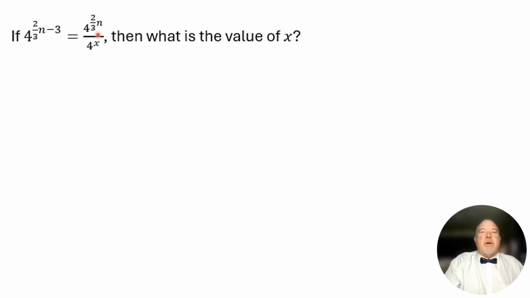Well, when you have powers divided by powers, so you have exponents here divided by another exponent, the way you simplify that is, if they have the same base, which these do, they have a base of 4, you just simply subtract the exponents. So all you do to simplify this is take 2/3 n minus x, and that gets you to here.